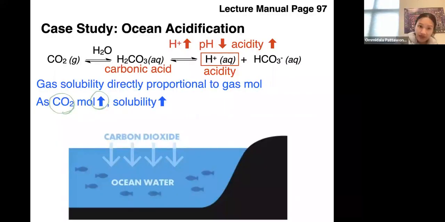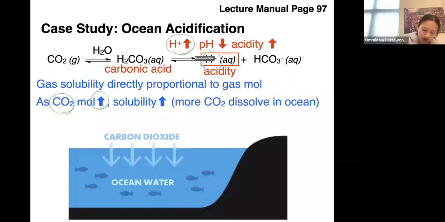As carbon dioxide dissolves more in water, the amount of protons available increases. As the number of protons increases, we observe that the pH of the ocean decreases, which indicates that the ocean is becoming more acidic.